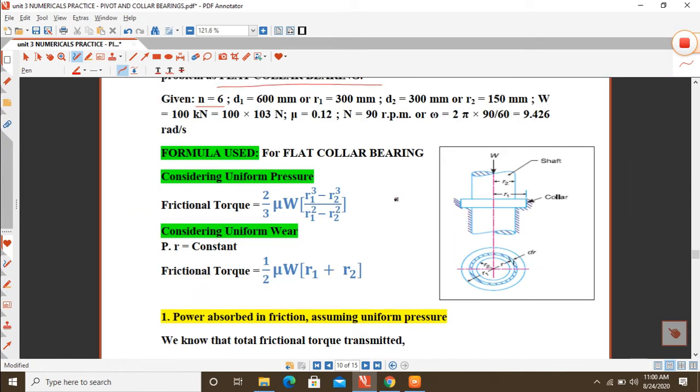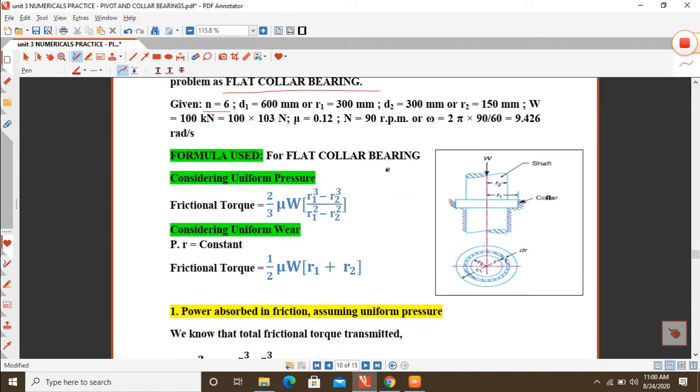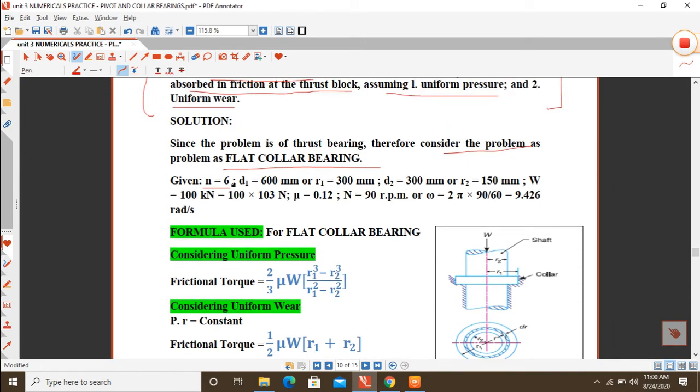So coming back, in this particular question it is given that D1 is 600 mm, converted into radius, that is R1 is 300 mm, D2 is 300 mm, that is R2 is 150 mm, W, that is load transmitted, given 100 kilonewton, that is 10 raised to the power 3.